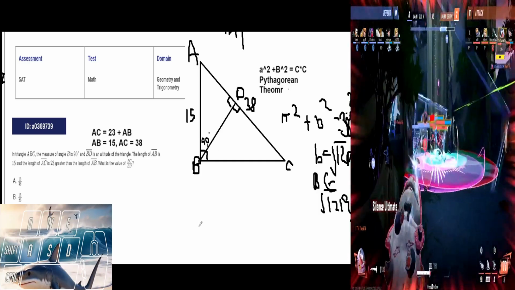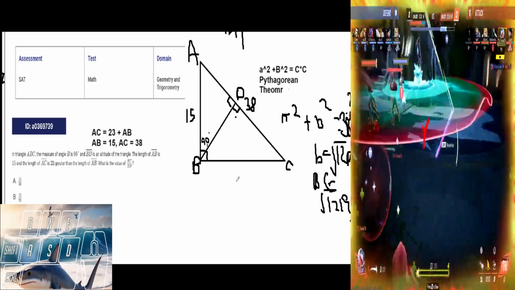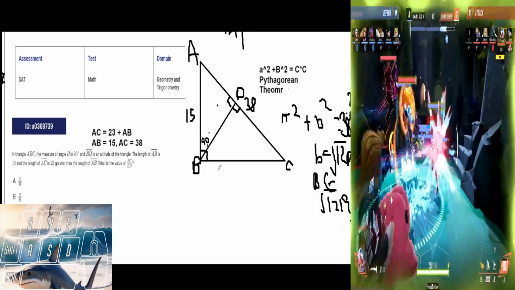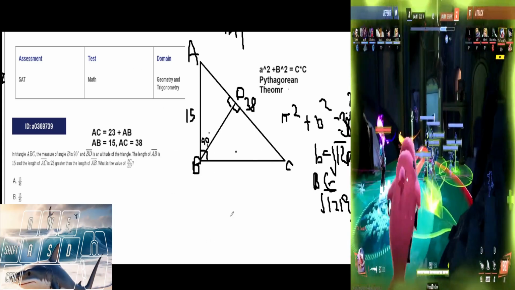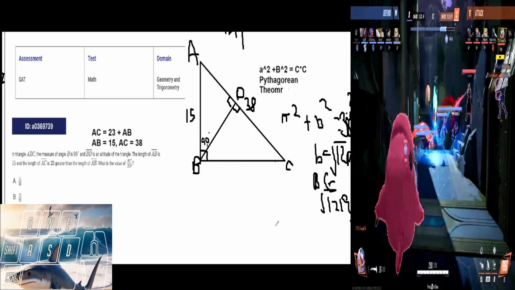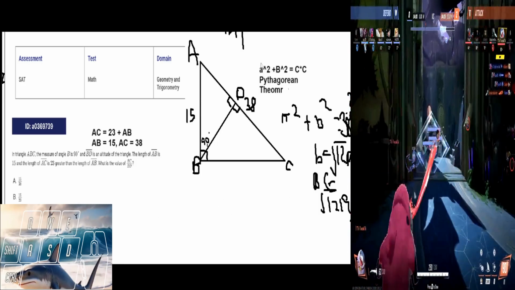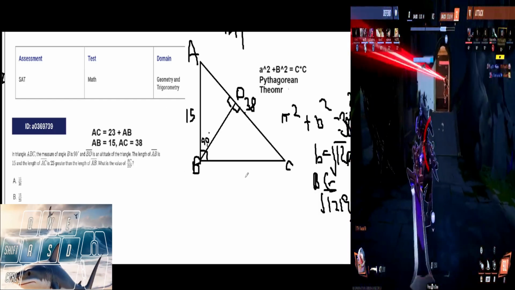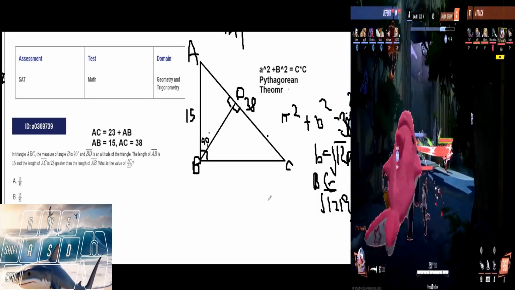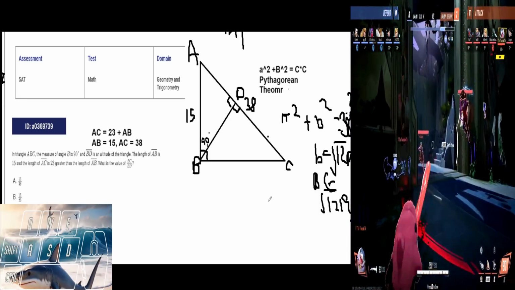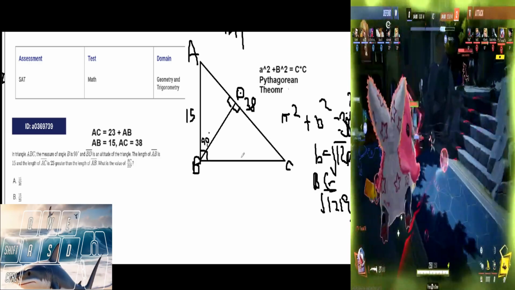Well, when you split a right triangle with its altitude, the triangles that you split it up into, which is ADB and BDC right here, and the original triangle are similar. That means the sides are proportional. The sides have the same proportionality, and the angles are the same.